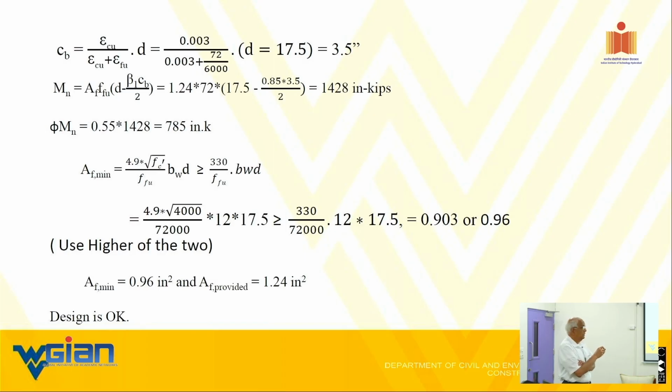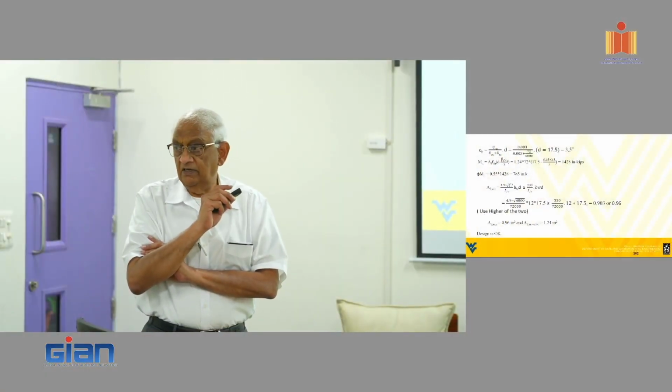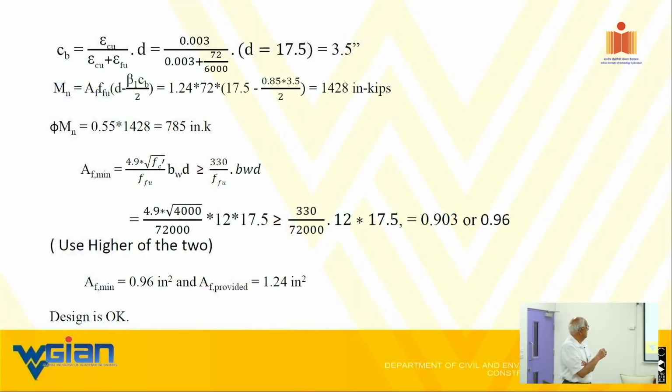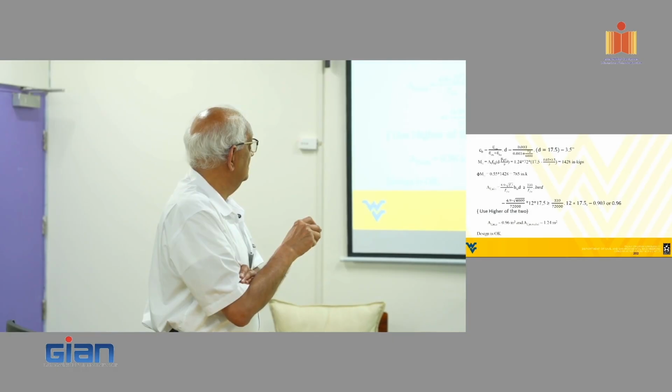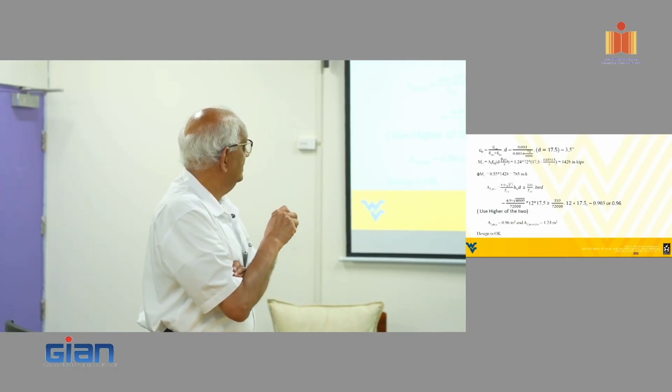So, okay, the difference in terms of tension control and the compression control, I told you that yesterday, I don't know how much you caught on to it, is the minimum value of reinforcement. That is if you're going to design it as a tension failure system, you must, why that is given there, where that is coming from.